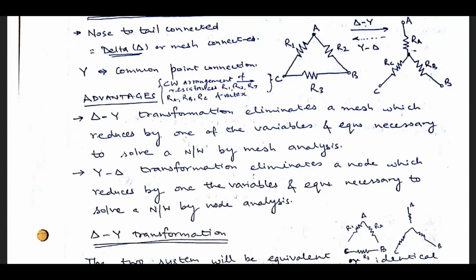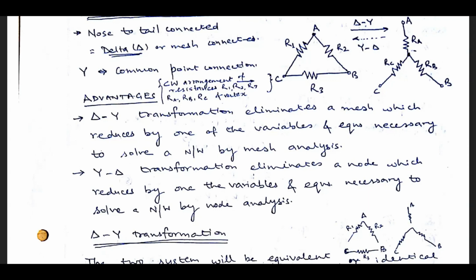Okay. So I will explain using this, and what is the nomenclature defined here. In the delta, the vertices of the triangle are A, B, C if we follow the clockwise arrangement, as you can see.